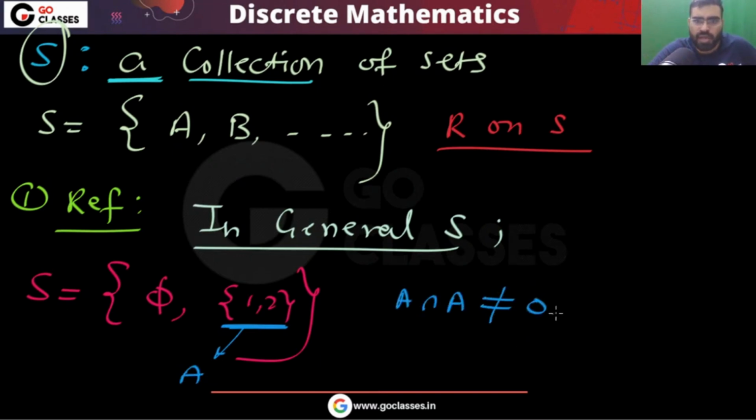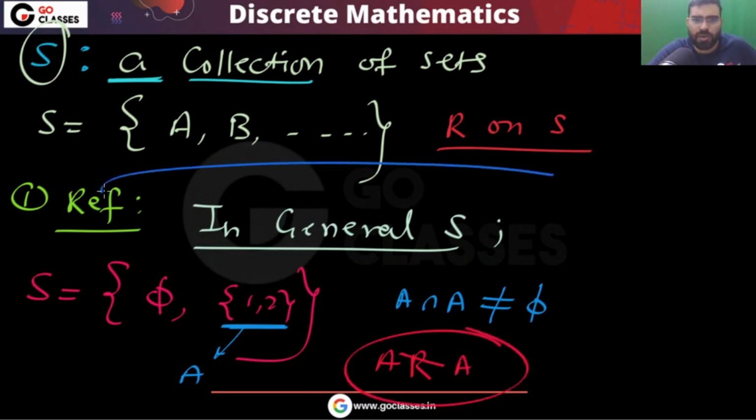So A is not disjoint from A, and A is not related to A. In this situation, the reflexive property will not be satisfied.